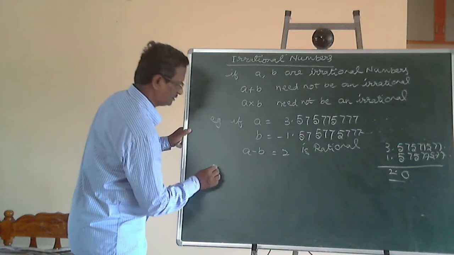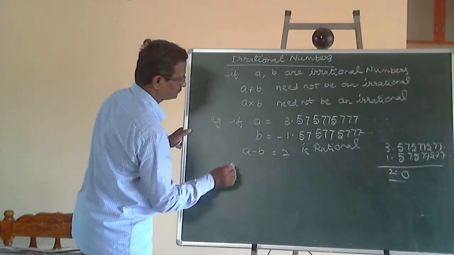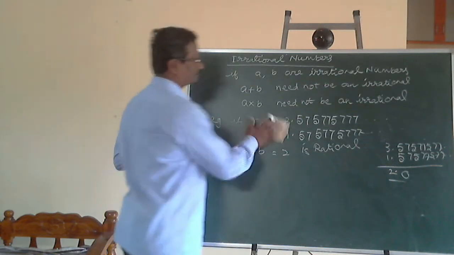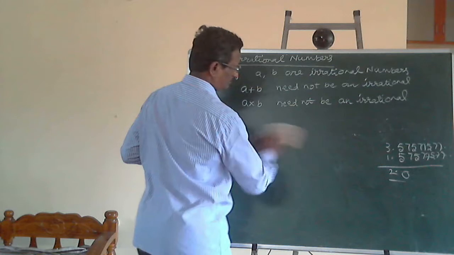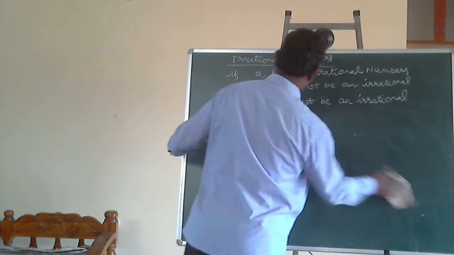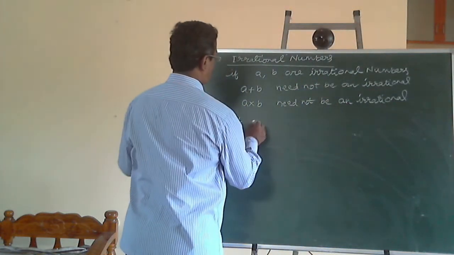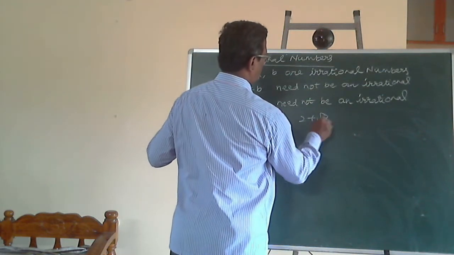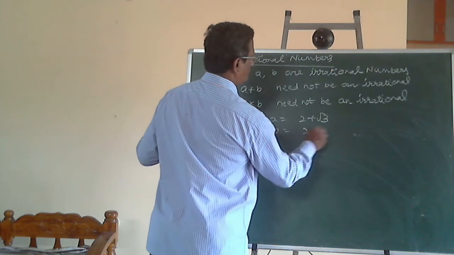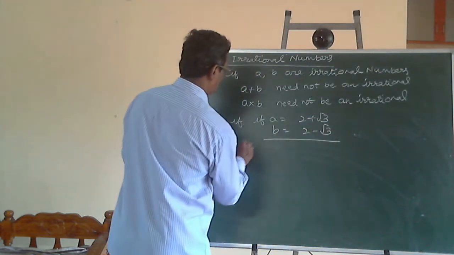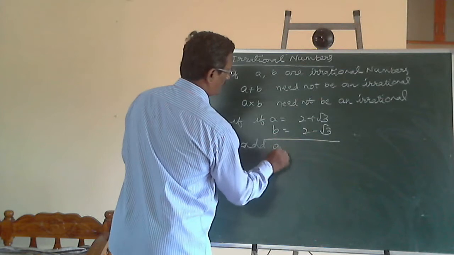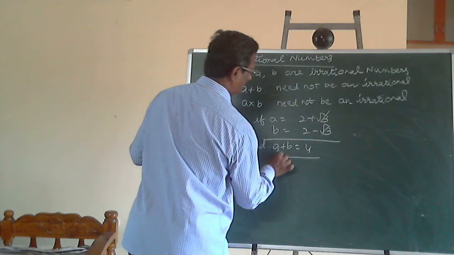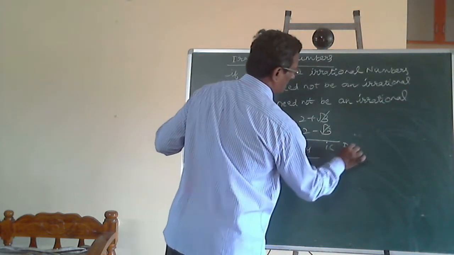Similarly, another example. We will go for another example. If a is equal to 2 plus root 3 and b is equal to 2 minus root 3, on adding a plus b is equal to 2 plus 2, 4, plus root 3 minus root 3 cancel, is rational.